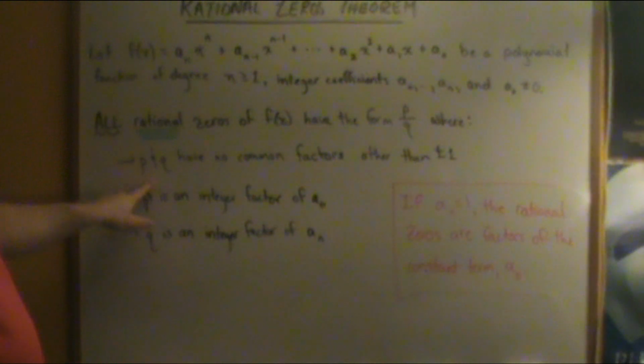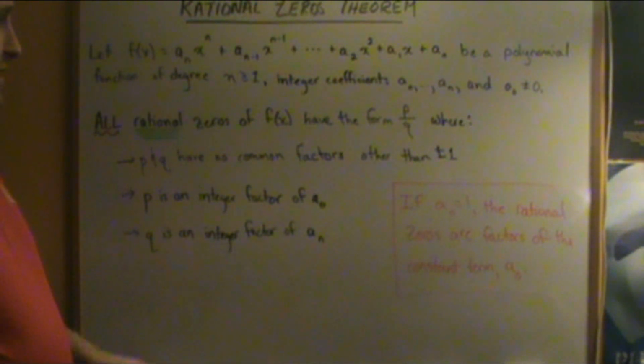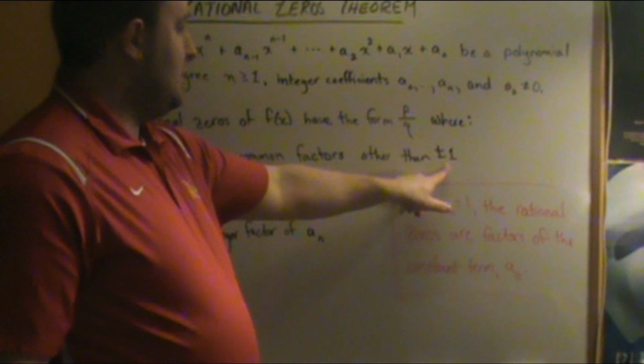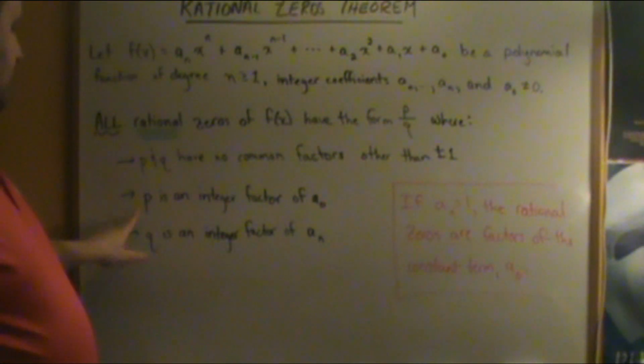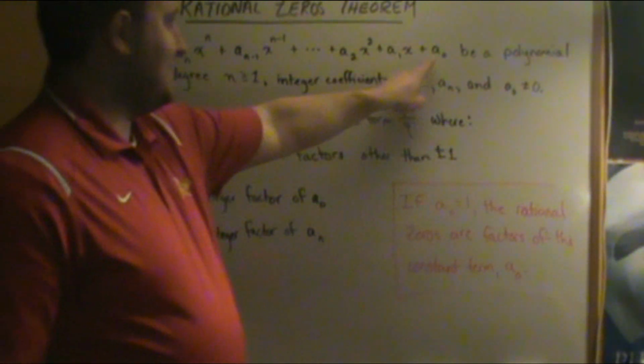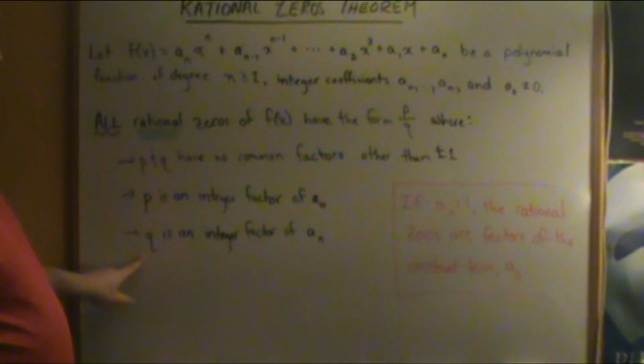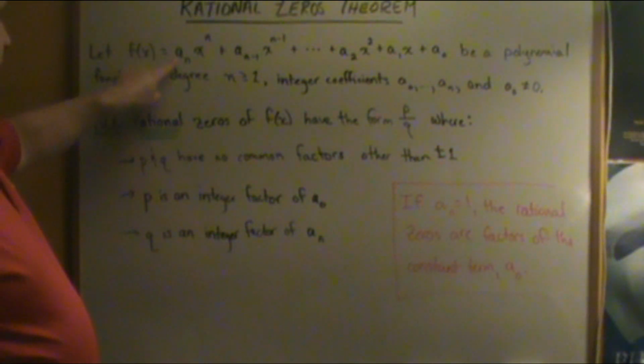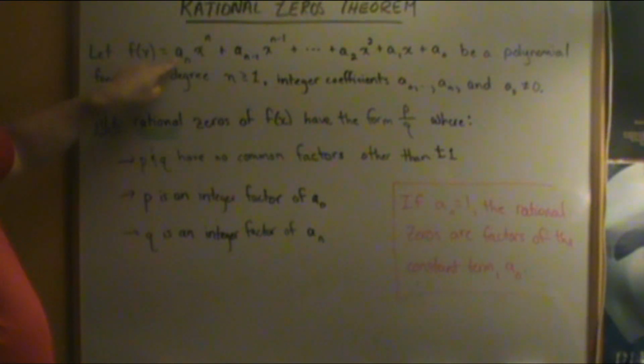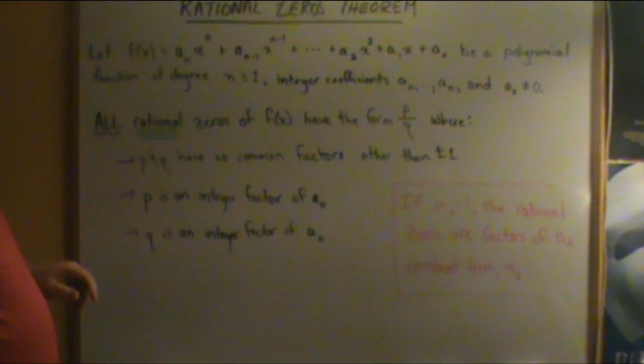P and q have no other common factors than positive or negative 1. The value of p is a factor of our constant, a sub 0, and q is an integer factor of our leading coefficient, a sub n.